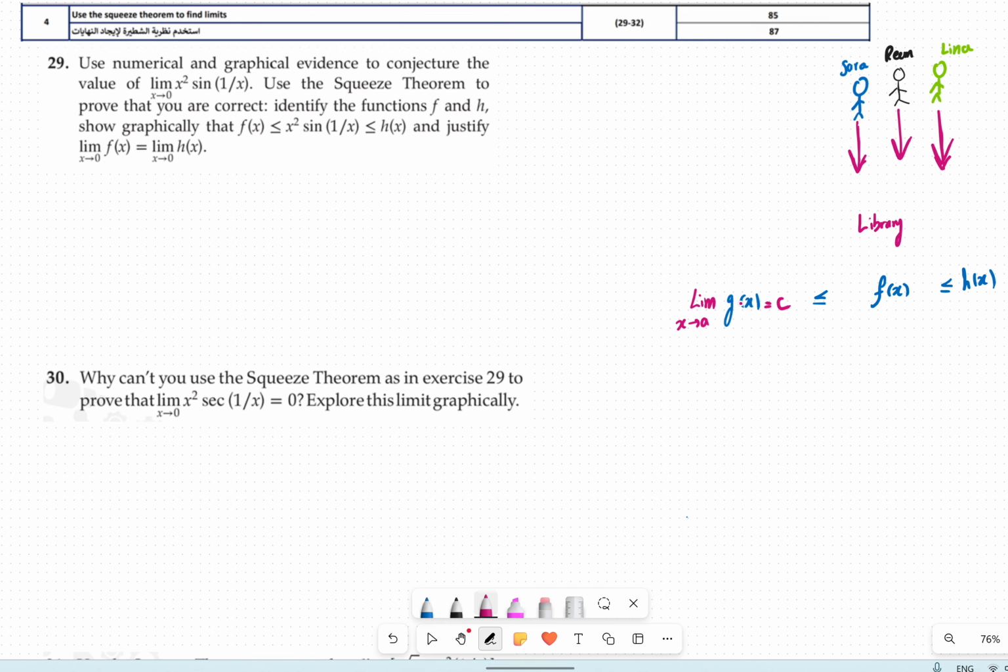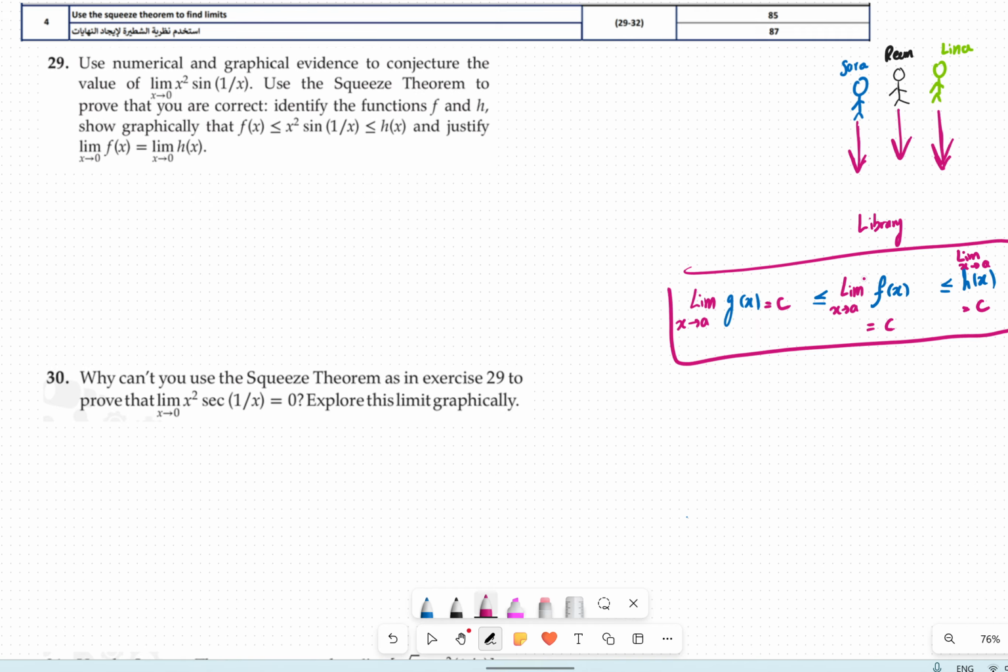So when x goes to a, g goes to c. Also, the limit of h of x as x goes to a is also c. So if this one is going to c, this one is going to c, then f, which is the function between them, is for sure going to go to c. And this is the squeeze theorem.